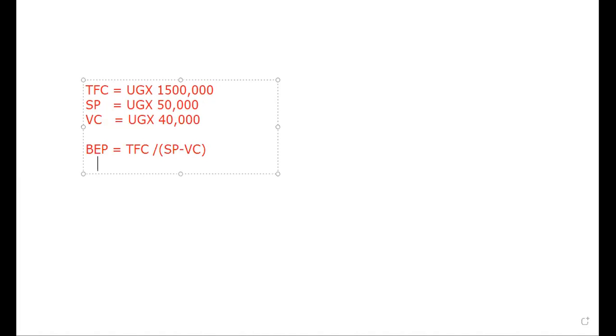If you substitute the above numbers into this formula, you get 1.5 million divided by selling price 50,000 minus variable cost 40,000, right? So this is the substitution part, and then we can get the answer. Can anyone tell me the answer?